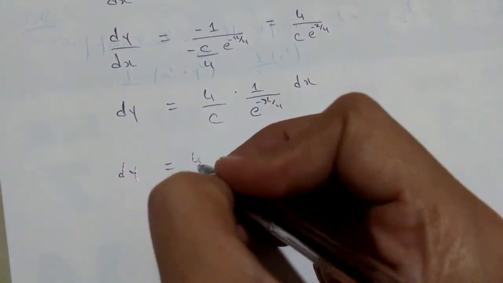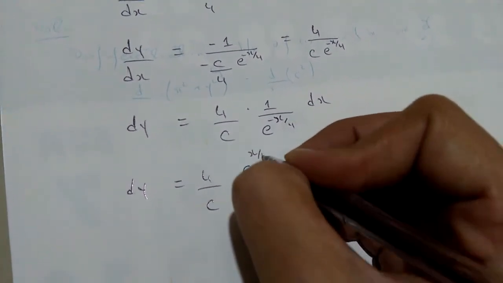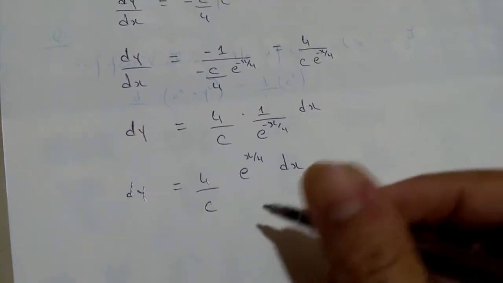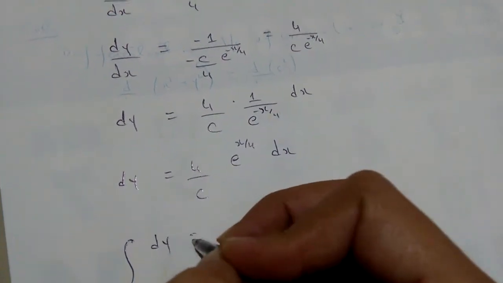So dy is equal to 4 upon c e power positive x by 4 dx. Now we integrate both sides with respect to their respective variables.